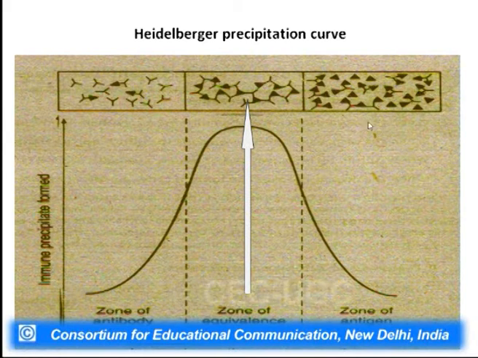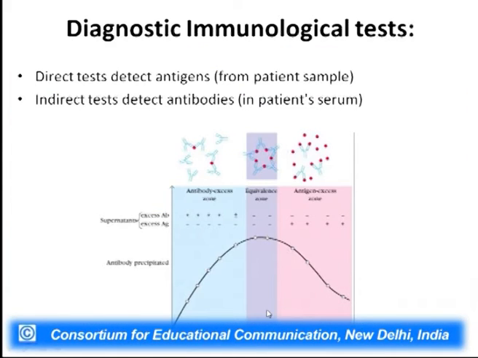Similarly, in a zone where there is antigen excess, here also we are unable to form the lattice. So that is why the concentration of the antigen and the antibody have to be equal at the zone of equivalence.